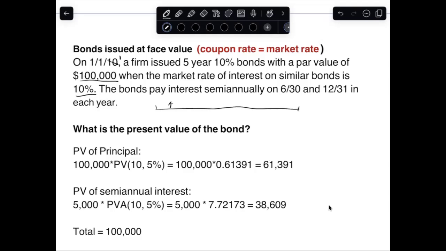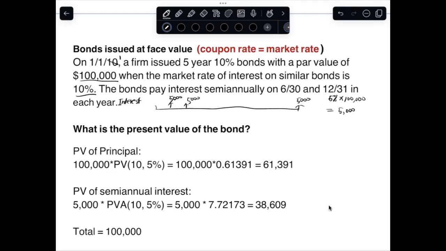Because 10% annually, so each semi-annual period is 5%. 5% times 100,000 is the interest payment you will get every period if you buy this bond. So 5,000, and then there are 10 periods. That's the interest part.